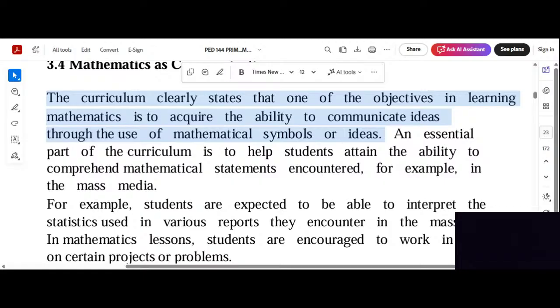The idea of the curriculum of 9-year basic mathematics for the primary and junior secondary school is that they want your pupils to be able to communicate ideas using mathematical symbols. That is number one.